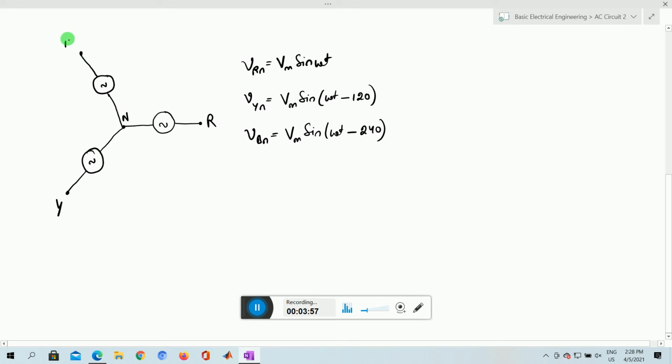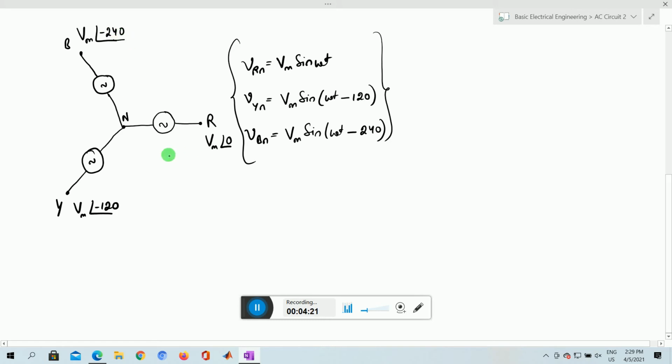This one will be B. So now VR is nothing but Vm angle 0. VY is nothing but Vm angle of minus 120. We can write this in phasor form. And VB is nothing but Vm angle of minus 240 degree.